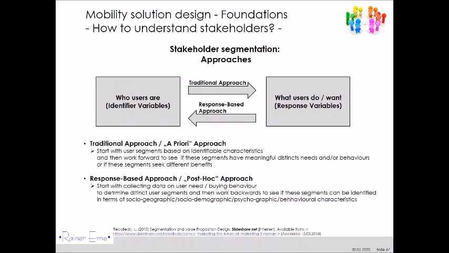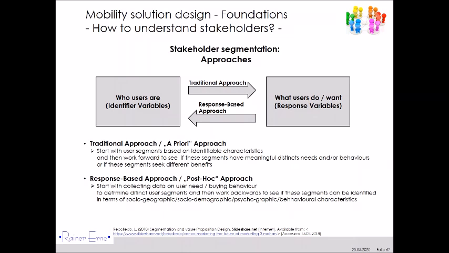When you have identified and perhaps also categorized your stakeholders, the next step would be to segment your stakeholders. We have two possibilities for stakeholder segmentation, and this is the so-called a priori approach. It's from Latin, so it's an already predefined categorization of users. Or you can also choose a post hoc approach.